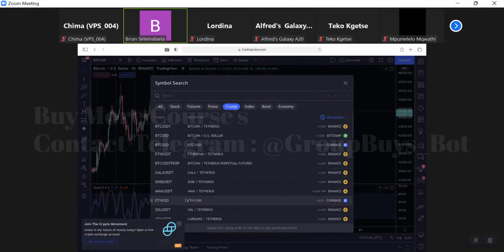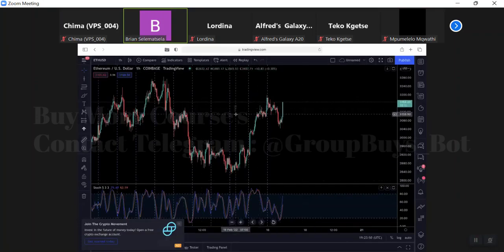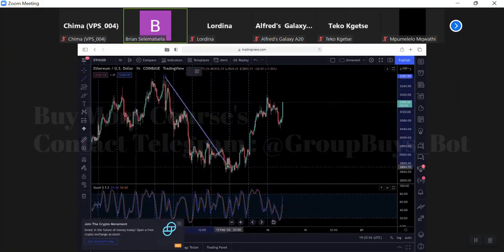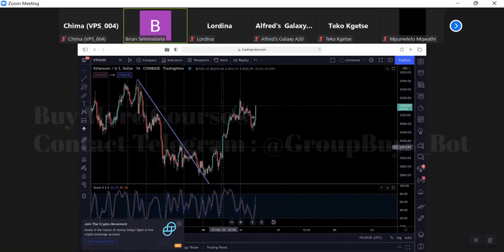Let's try the Ethereum. It moves the same as Bitcoin, so I don't see any difference there. So now it is still even going up because it makes sense.